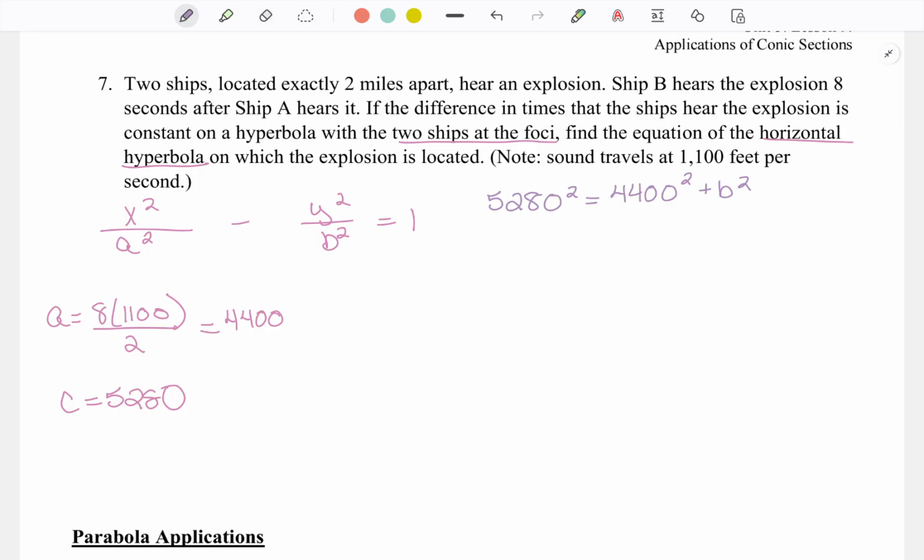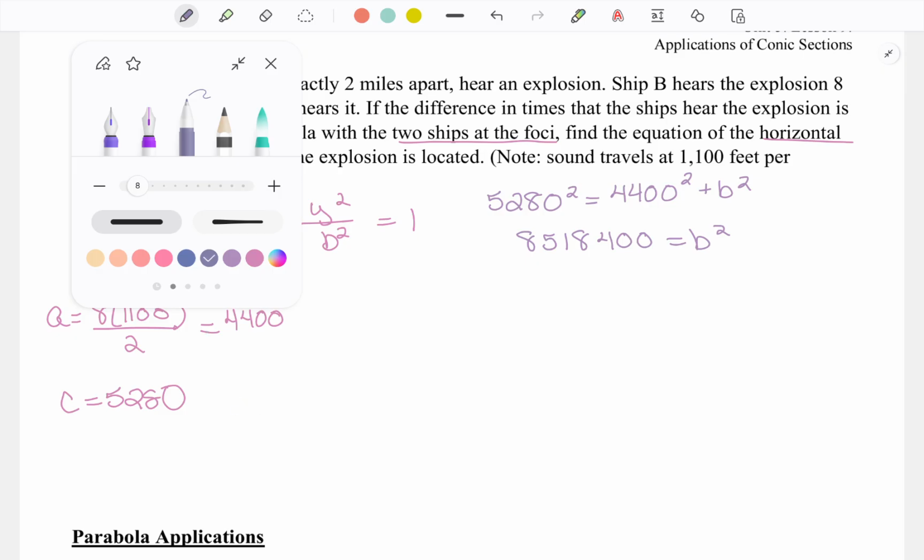And so that 5,280 squared minus, and so that gives us 8,518,400 for b squared. And since we are writing the equation, that is where we are going to leave that value because there's no point in taking the square root.